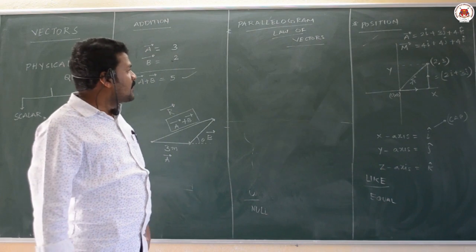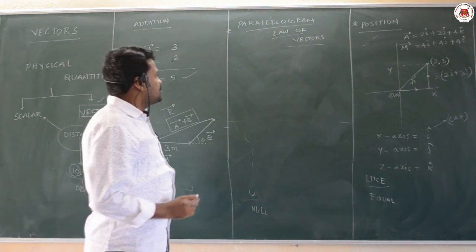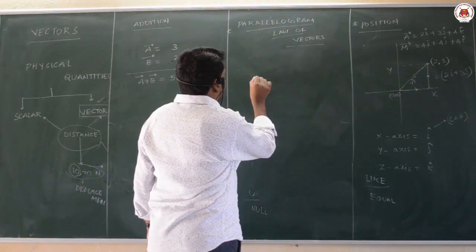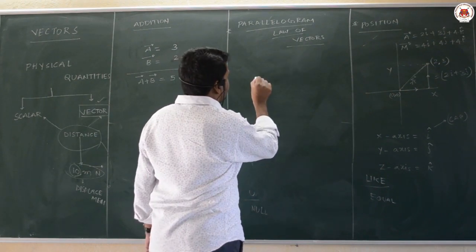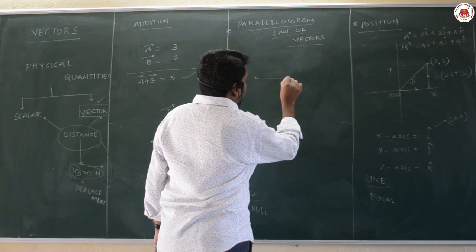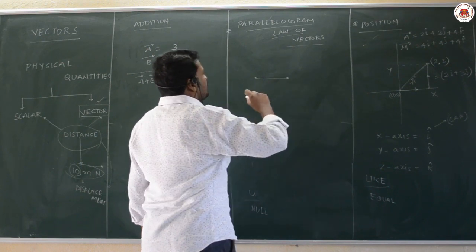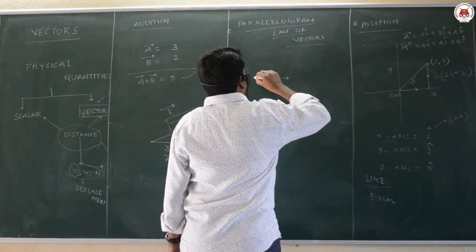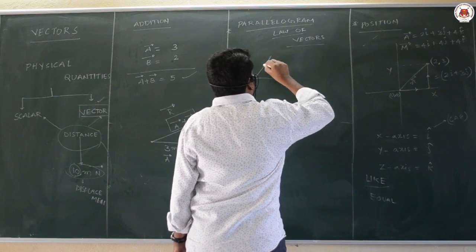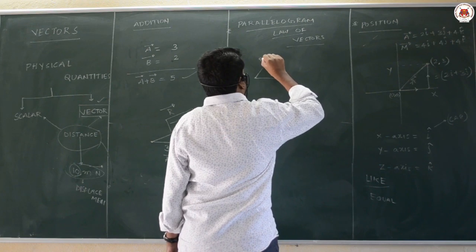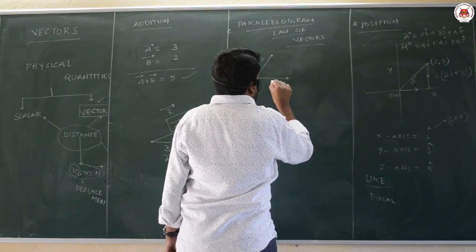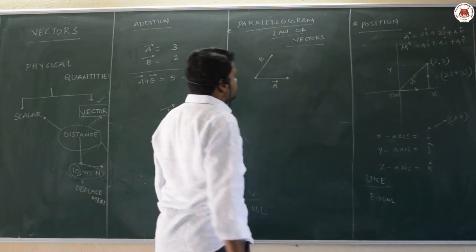If two co-initial vectors, if you speak strictly, two co-initial vectors represent two sides of a parallelogram like this.